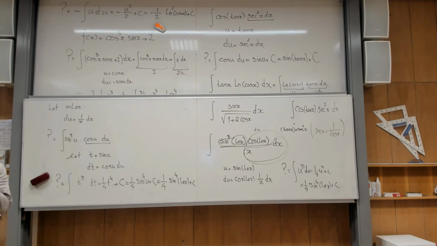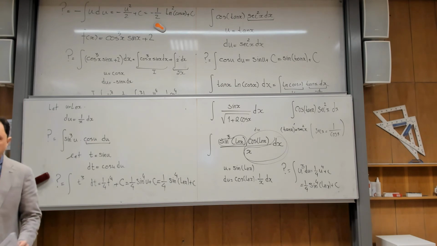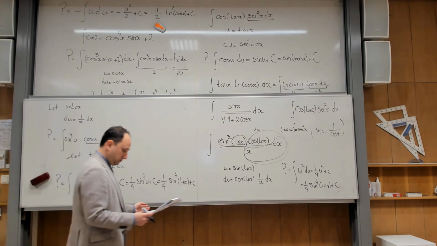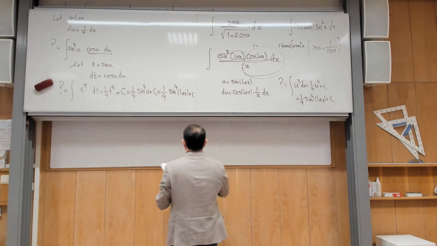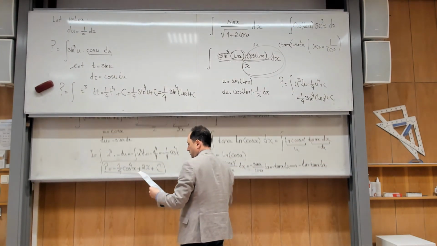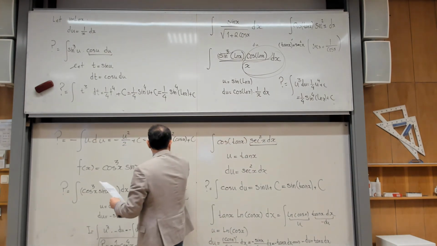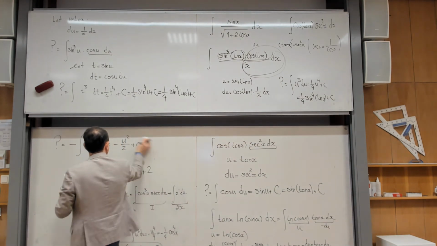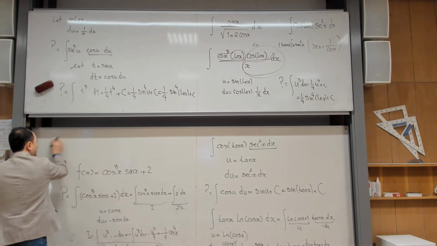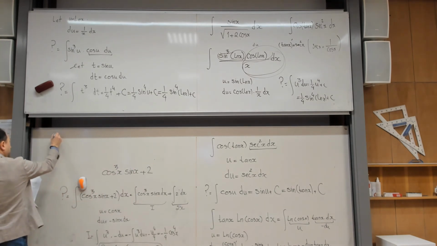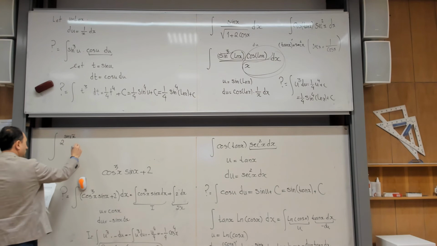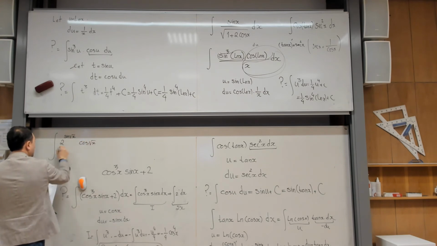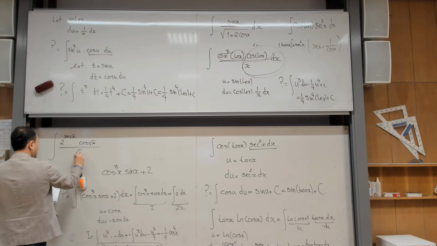Okay, so that's it. Let me write you probably another one, and then I will give you a harder one, and then we can finish the lesson here. I will write both of them and wait for you, and then solve both of them and we are finished. So integral of 2 to the power of sine square root of x cosine square root of x divided by square root of x dx.